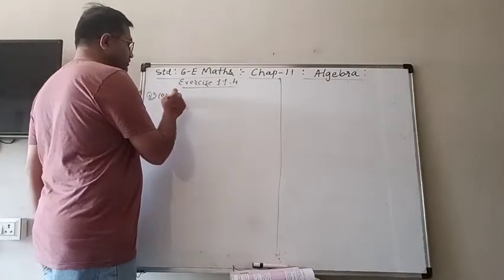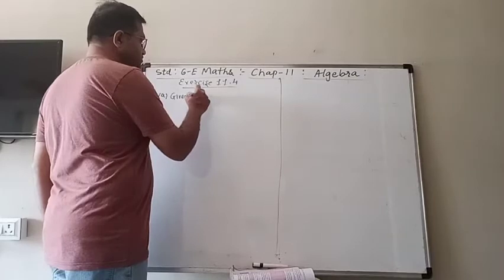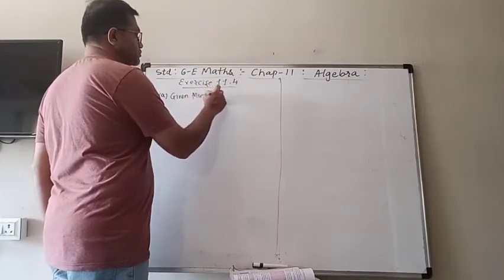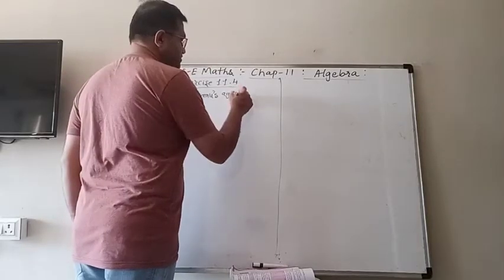Now question number 3. In first A, given Munnu's age to be X years.